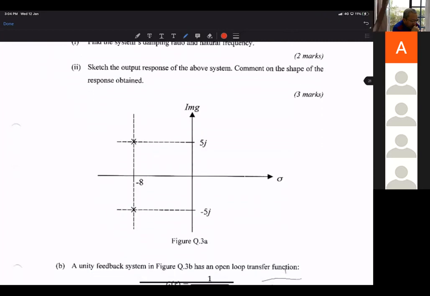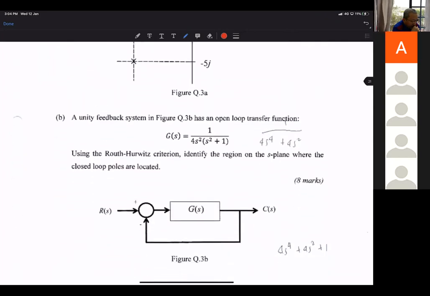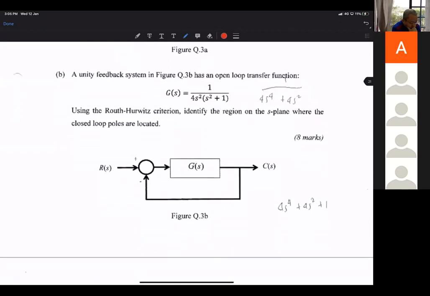Sketch the output response of the above system. Comment on the shape of the response obtained. B. A unity feedback system in figure question 3b has an open loop transfer function G(s) equal to 1 over 4s square plus 1. Using the Routh-Hurwitz criterion, identify the region on the S-plane where the closed loop poles are located.